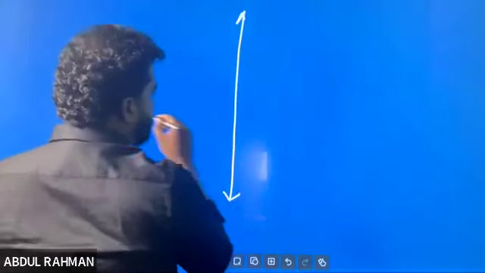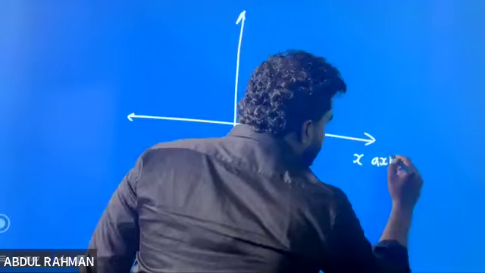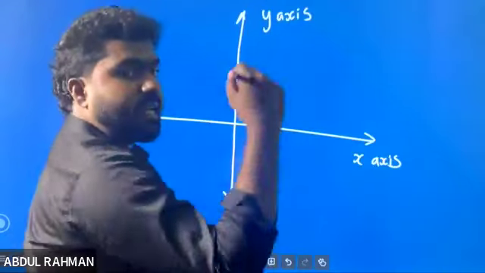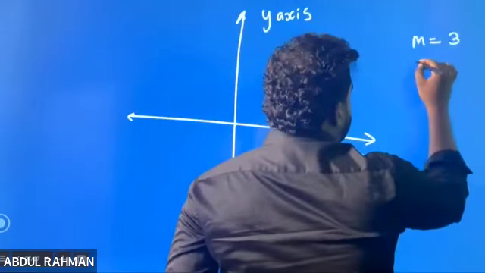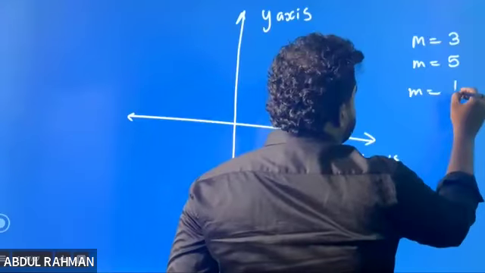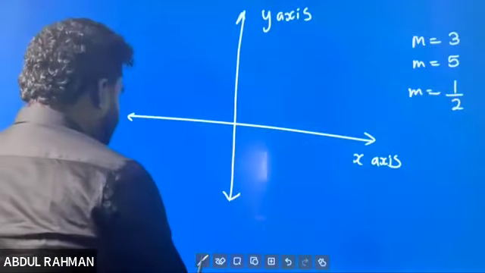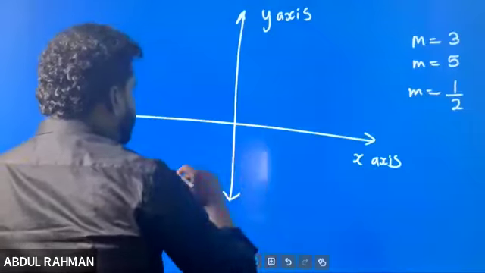Now I'm giving a question to you. I have two axes. This is my x-axis. This is my y-axis. I have three gradients: m = 3, m = 5, m = 1/2. Hurry. I'm drawing three graphs.